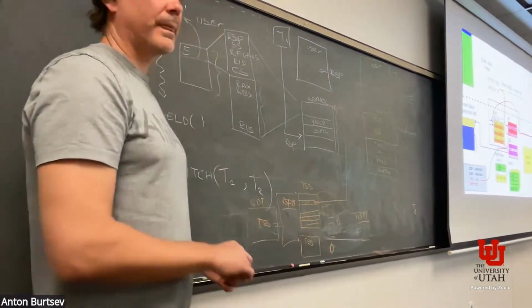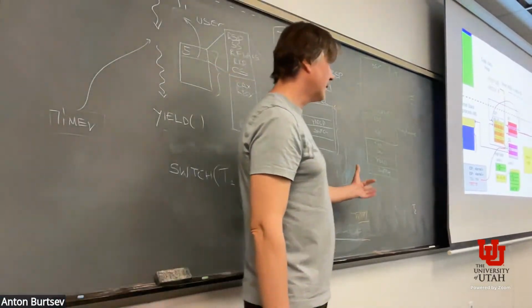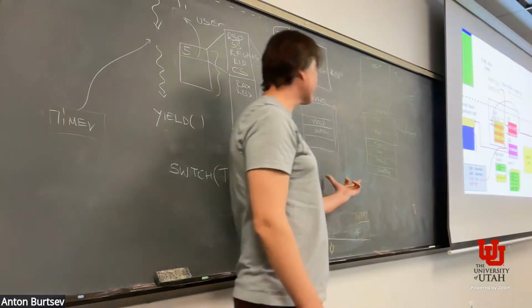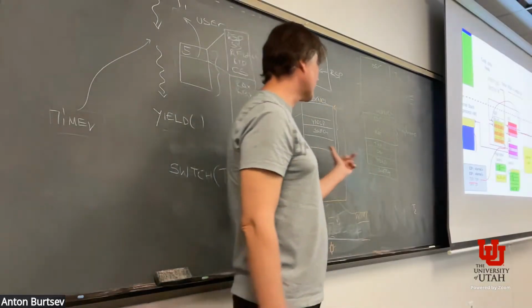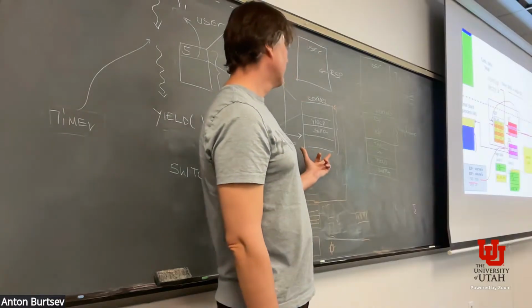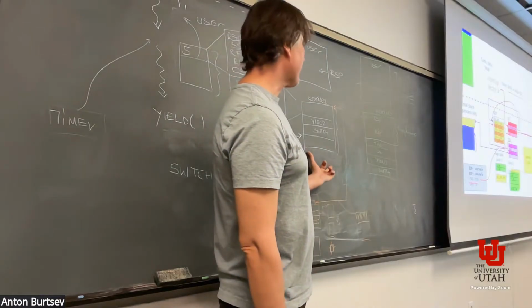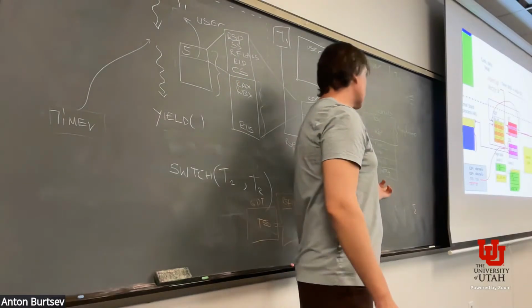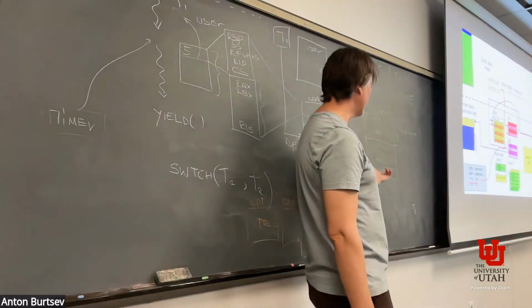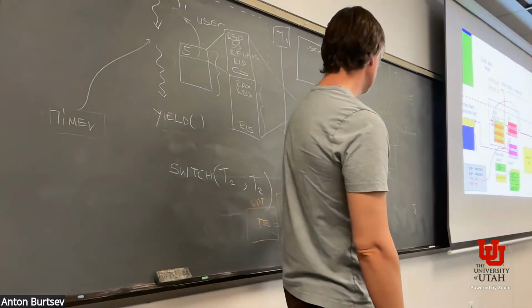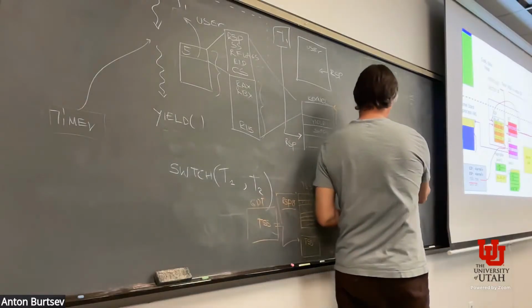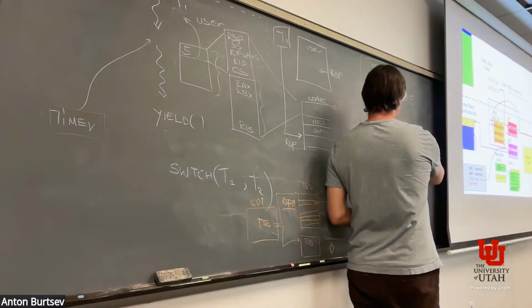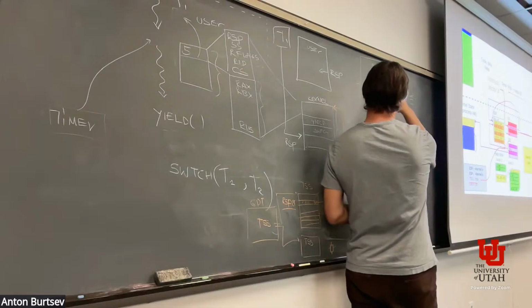So wait, back to symmetry, right? If each thread in a system has its own kernel stack, then we will always leave a thread in a state in which the kernel stack is well formed, and we can almost start returning from this stack with the goal to eventually exit to user level.